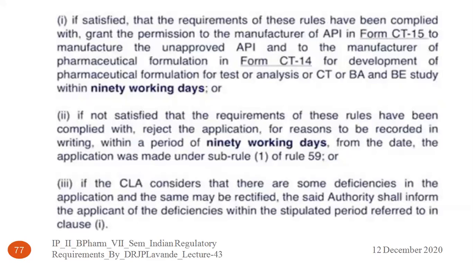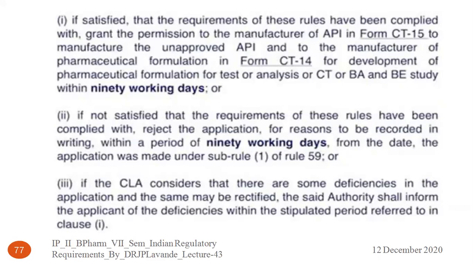So if the central licensing agency is satisfied that the requirements of these rules have been complied with, it grants permission to the manufacturer of API in Form CT15 to manufacture the unapproved API, and to manufacture the pharmaceutical formulation in Form CT14 for the development of pharmaceutical formulation for test or analysis or clinical trial or bioavailability and bioequivalence study, within 90 working days.